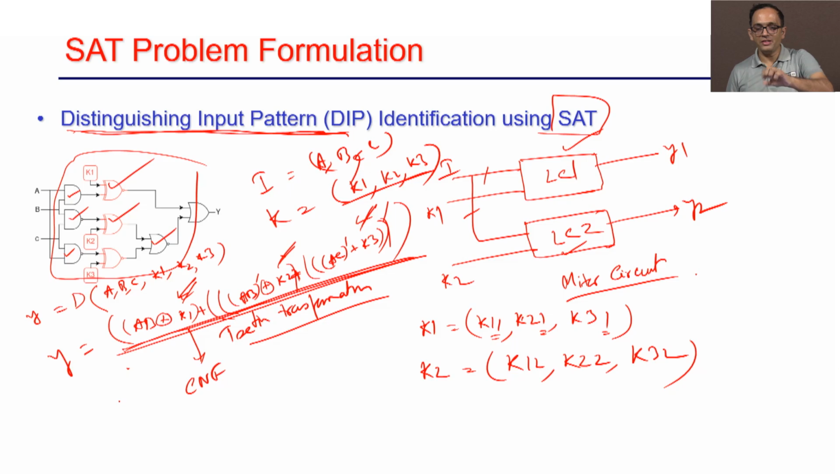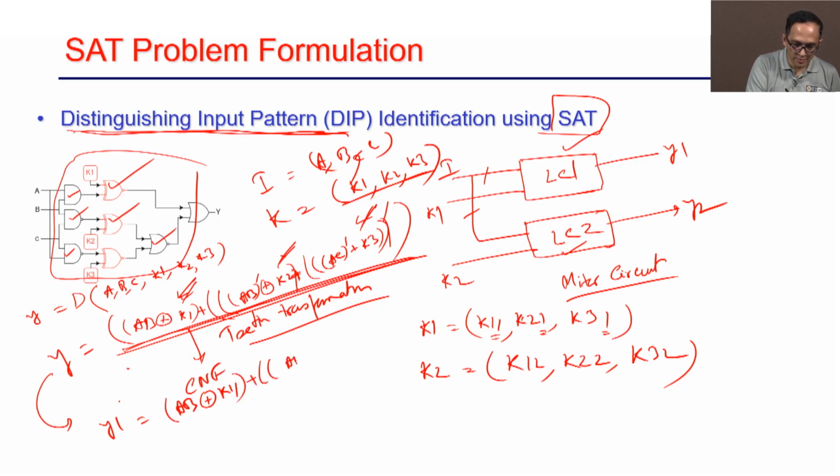Diagrammatically it looks like this, but effectively what I will do, in this equation I will create 2 equations. One is Y1 equal to the same thing, AB XOR K11, right, then OR AB bar OR K21, right, then OR AC whatever is there plus K31 bar, right.